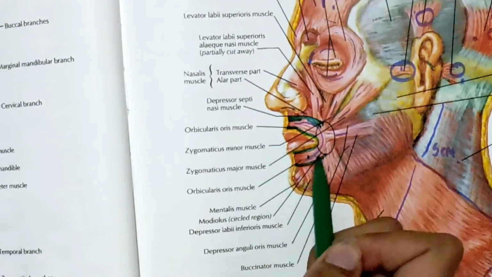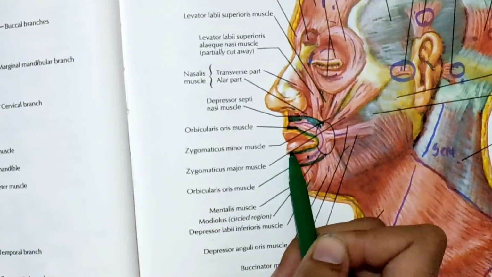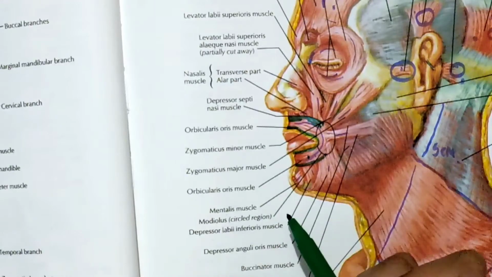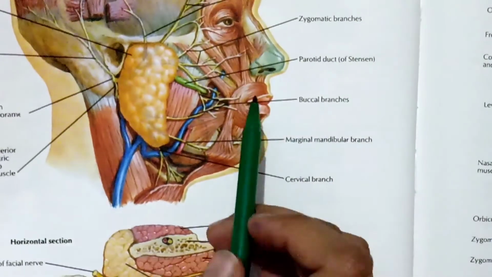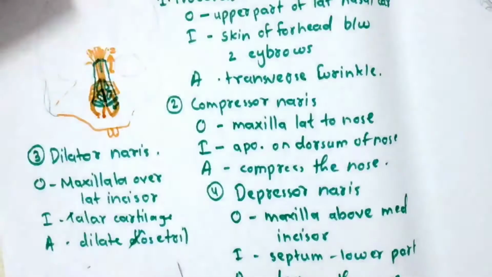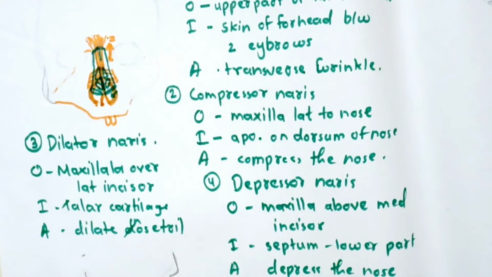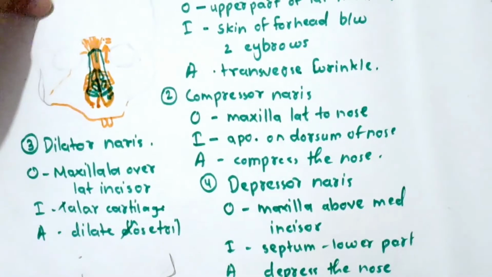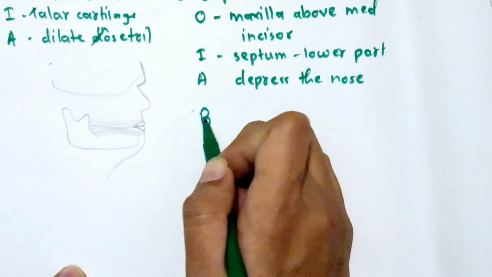Its main function is to constrict the mouth in a whistling action. In this diagram you can also see it clearly. Next we have the buccinator muscle. We'll make a separate diagram for buccinator.